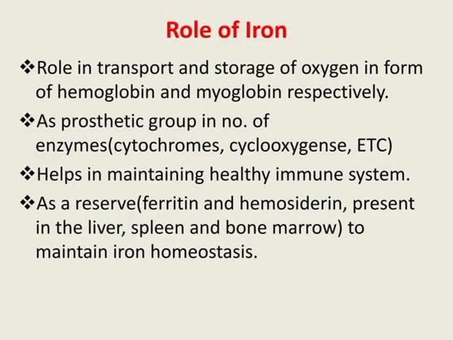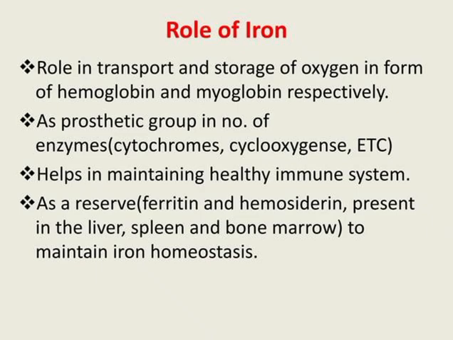Next, what is the role of iron? What does iron do in our body? Its role is transport and storage of oxygen in the form of hemoglobin and myoglobin respectively. Iron carries the oxygen, which is very important for our day-to-day life.